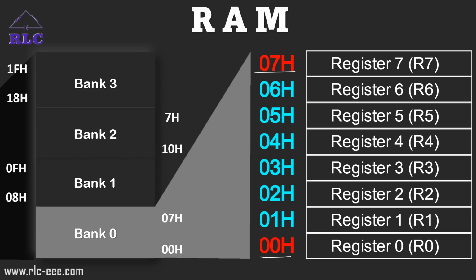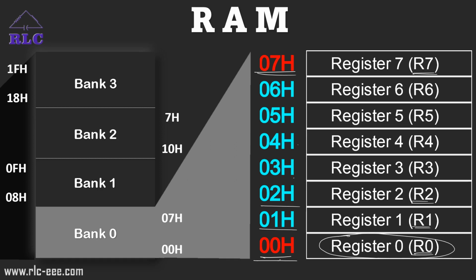For 00H, we call it register 0 or R0. For 01H, R1, 02H, R2, and it continues. For 07H, we call it R7, that is register 7. This is for bank 0.